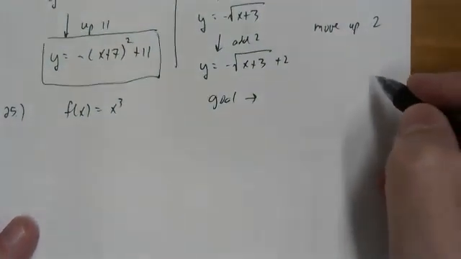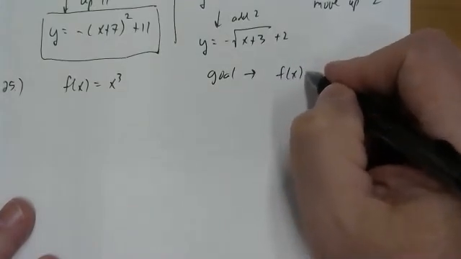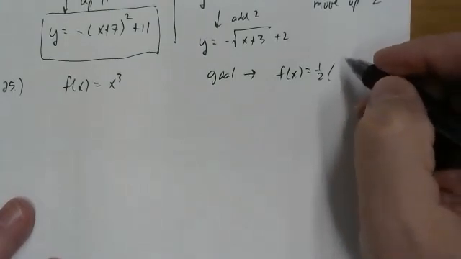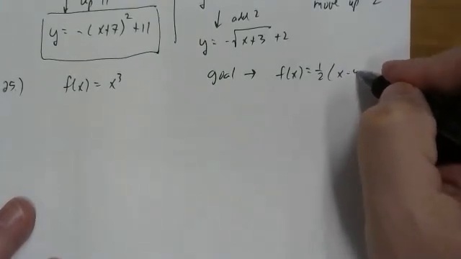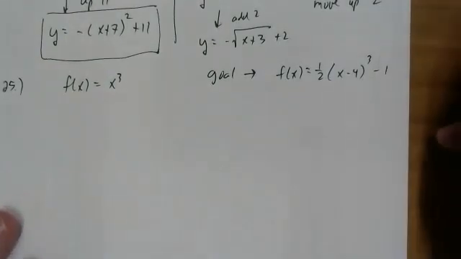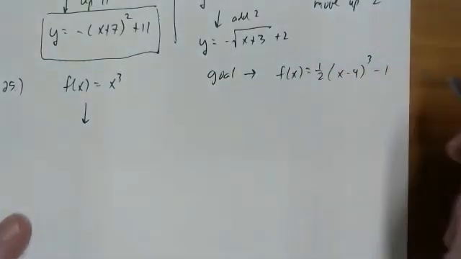So here's the goal: ½ x minus 4 cubed minus 1. Let's just do it like this.